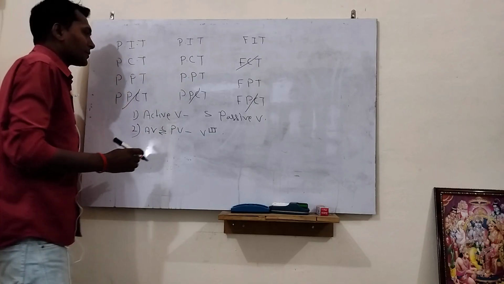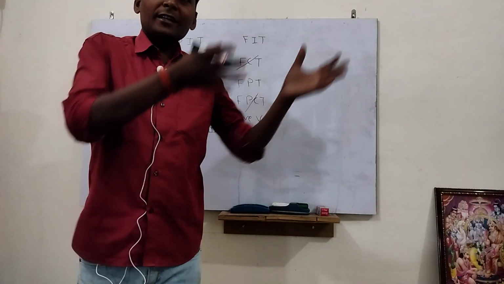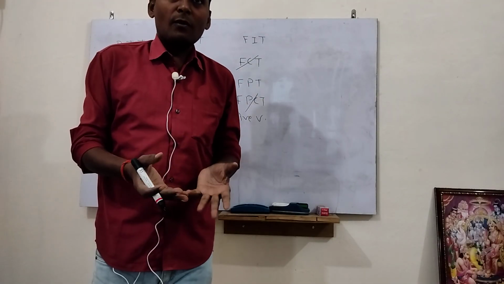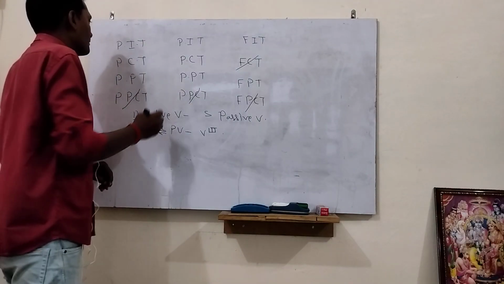How to change it? How to use a helping verb? When you take the object as a subject, then you have to use a helping verb also. Then how to take that helping verb? Listen.